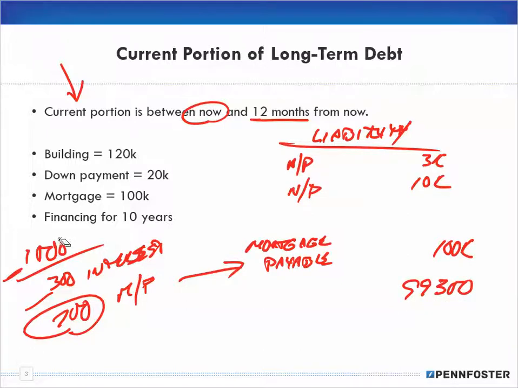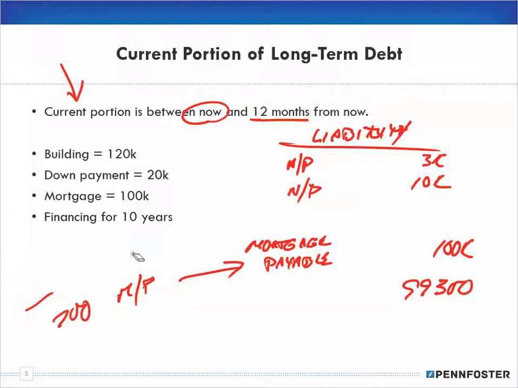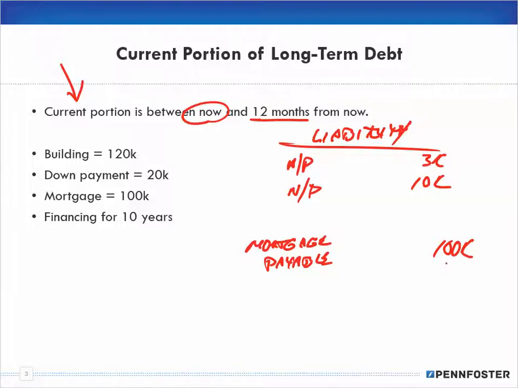So what ends up happening is you're keeping track of exactly how much is owed on your mortgage payable just by virtue of making those payments and making the journal entry. Now, this is where it becomes a little bit sticky.